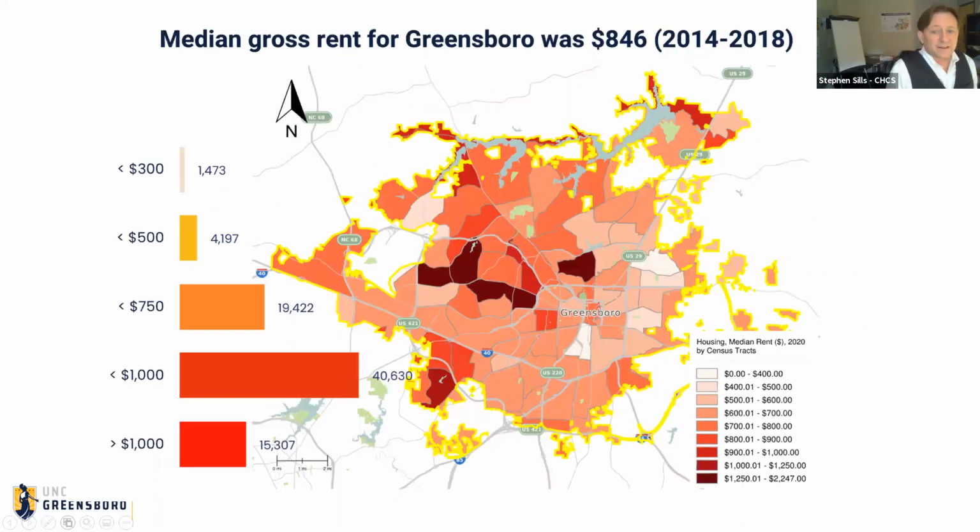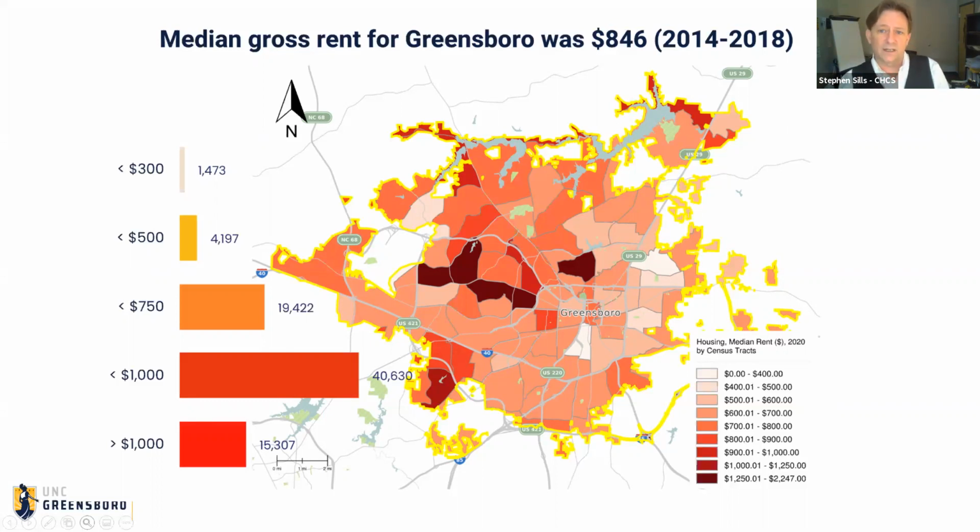Rents are highest, though, along that corridor that I was just mentioning. Friendly and Market areas out towards Guilford College, rents are in excess of $1,000 a month for two-bedroom houses. Rents are still fairly affordable as an overall affordability in East Greensboro, South Greensboro. Rents are highest in the areas where there's the lowest availability of rental housing and the highest availability of home ownership.